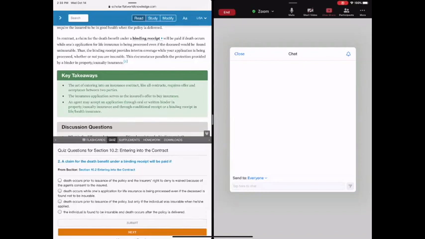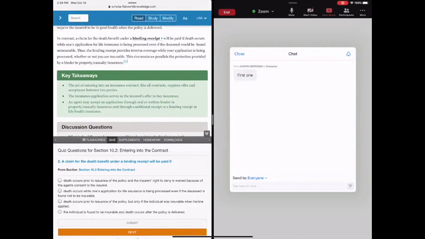And then finally, the individual is found to be insurable and death occurs after the policy is delivered. A claim for the death benefit under a binding receipt will be paid if, which one of those is true?